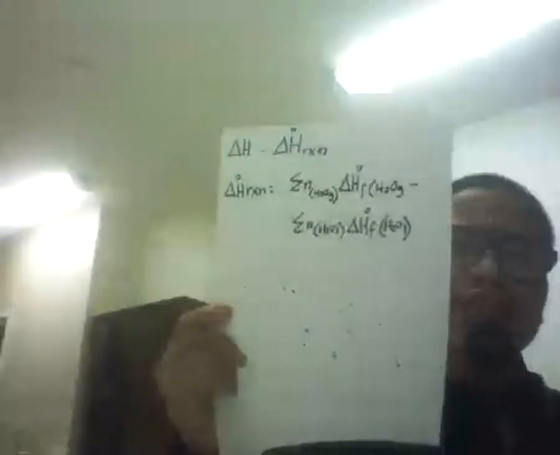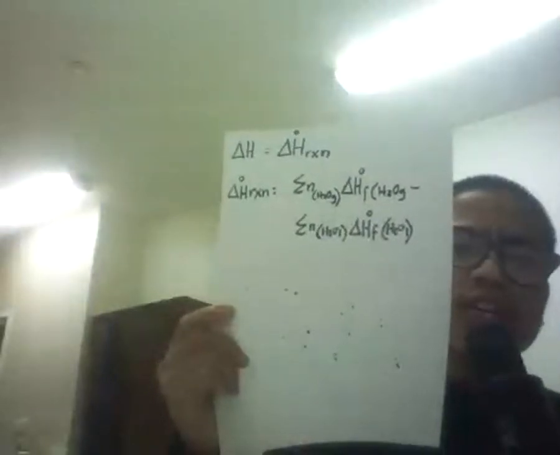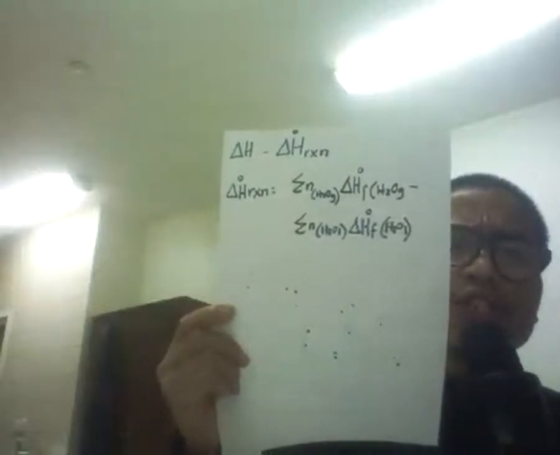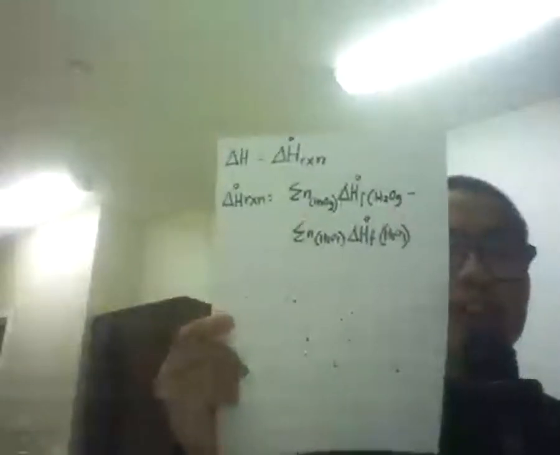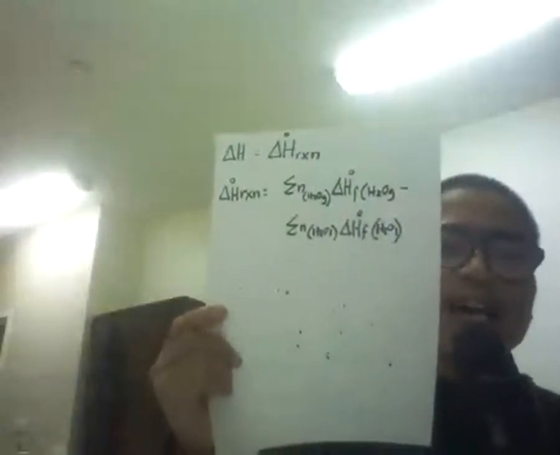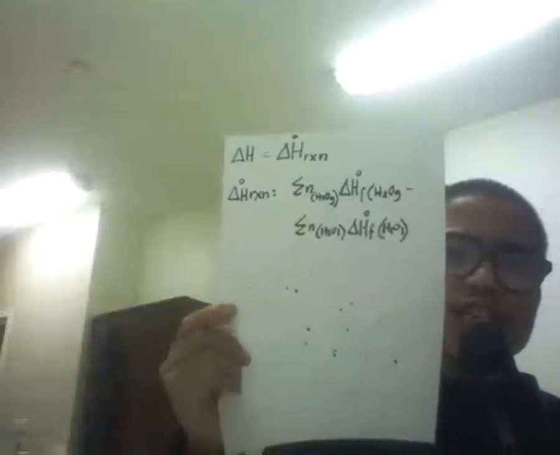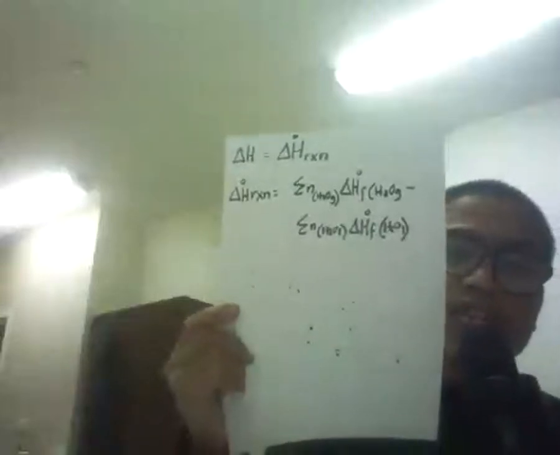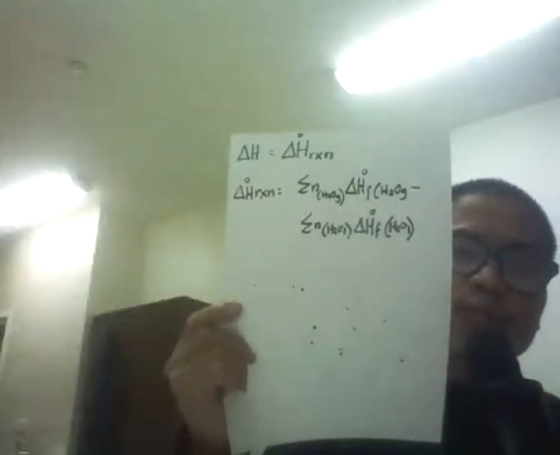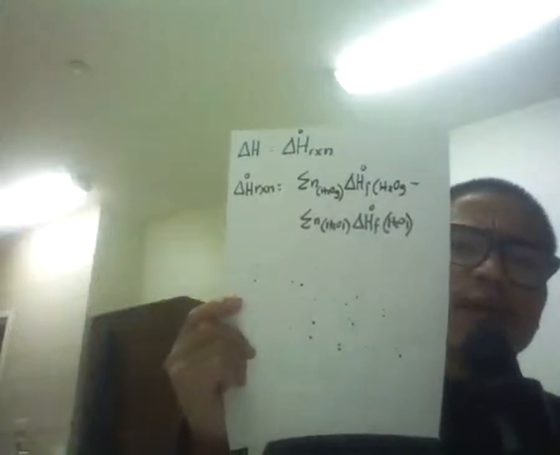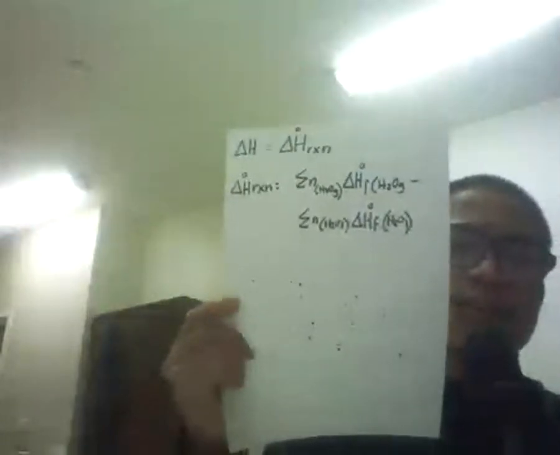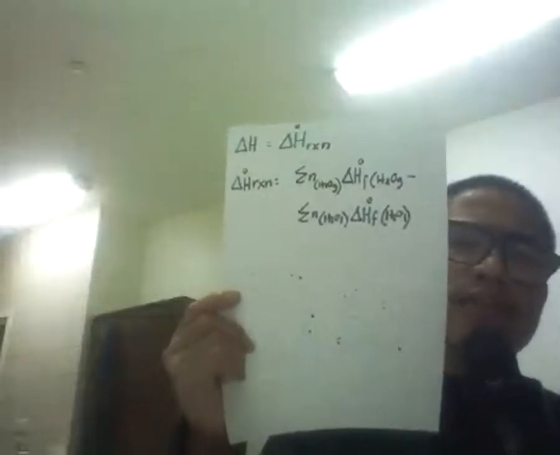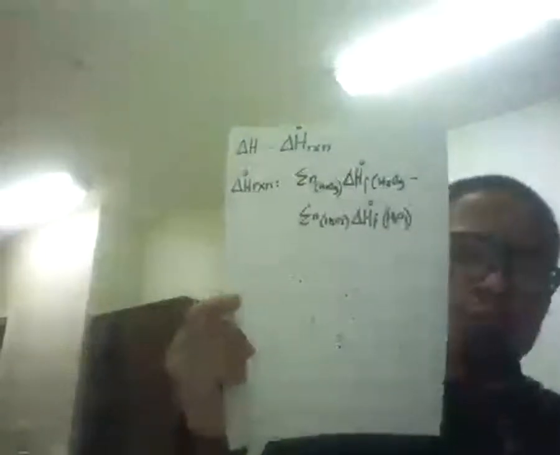So delta H formation standard in the reaction is equal to the summation of the number of moles of the product, H2O gas, times the delta H formation of the H2O gas, minus the summation of the number of moles of H2O liquid times the delta H formation standard of H2O liquid.